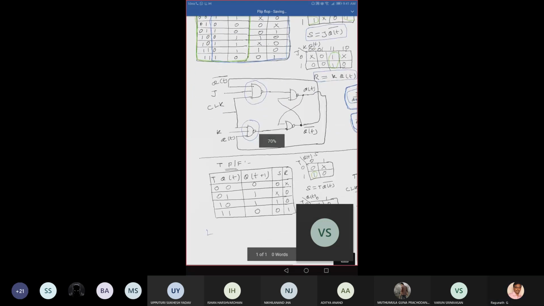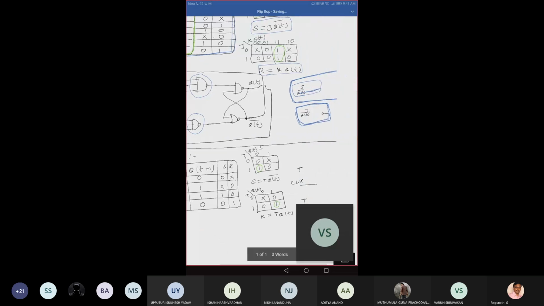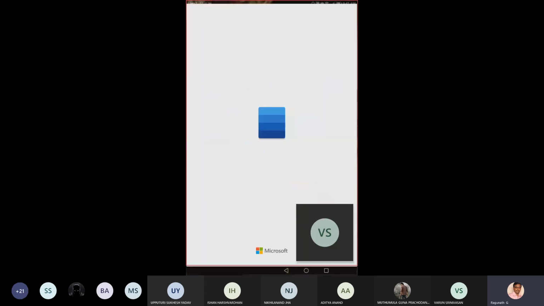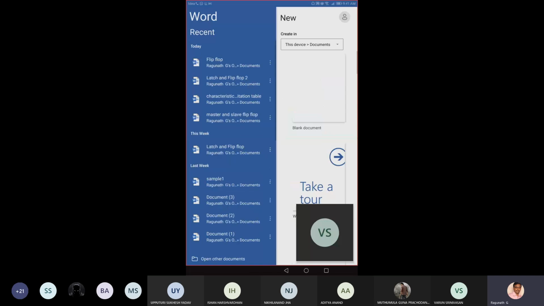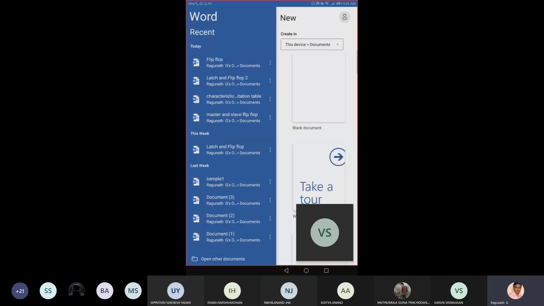So we have SR. By using SR, we can make D and JK. The same procedure we have to use for the T flip flop also.